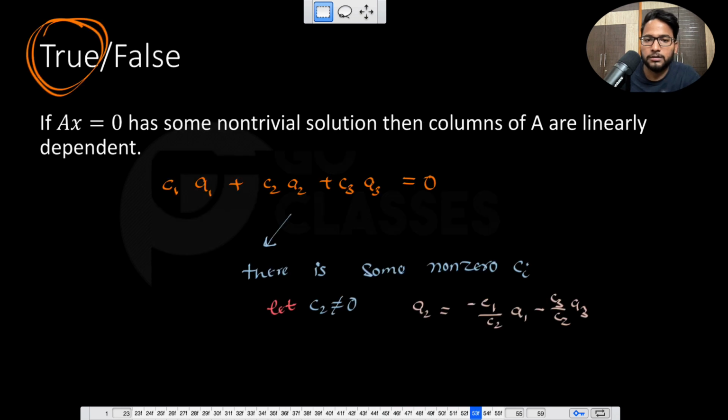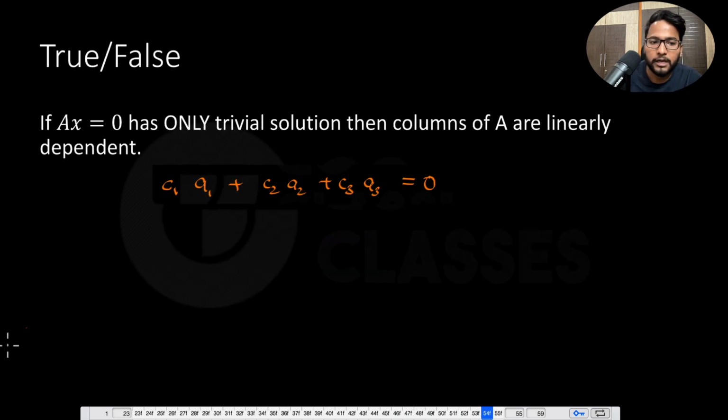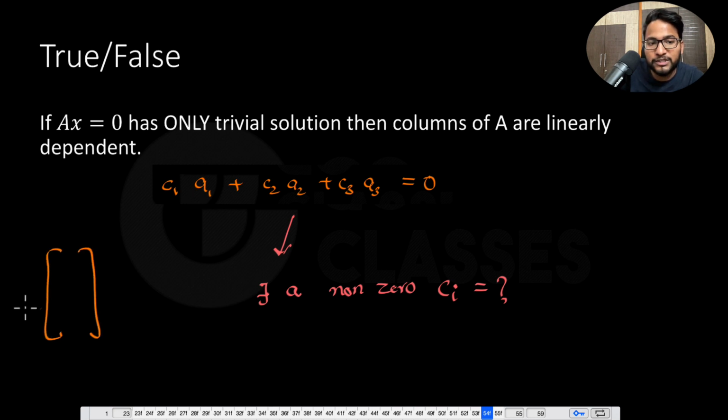So see, this equation which I am writing here has only trivial solution, which means that if I ask you whether there is a non-zero Ci, then your answer is no, because they are saying that only trivial solution exists, which means there is no non-zero Ci, which means there is no x which is having some non-zero element, right? All has to be 0 because only trivial solution exists. Then only you can satisfy this equation. That's what is given in the question, that only trivial solution exists.